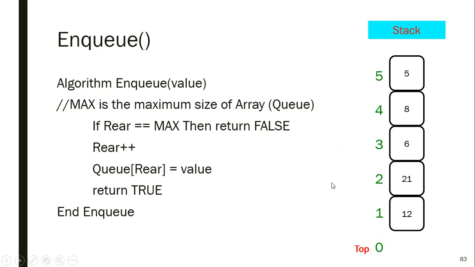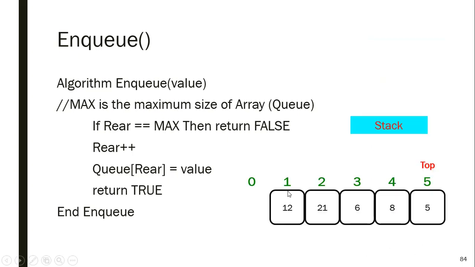If you make it horizontal, it is still a stack, because you are pointing by this top variable. If you just change these variables and make them front and rear, it will become a queue.